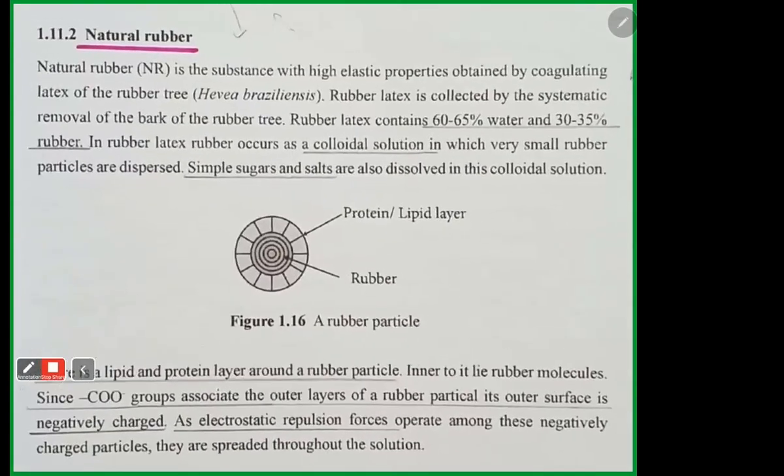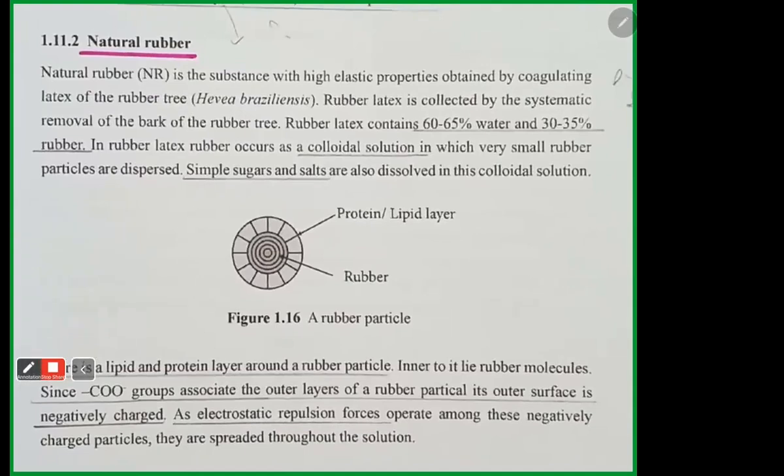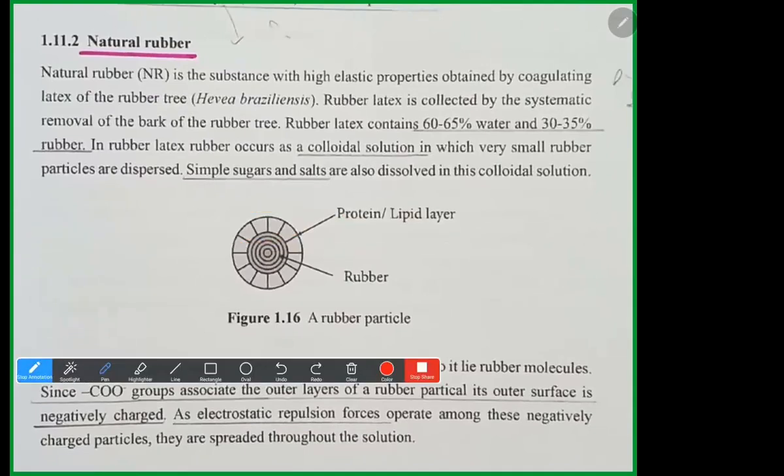Natural rubber is the substance with high elastic properties obtained from the latex of the rubber tree, Hevea brasiliensis. Rubber latex is collected by the systematic removal of the bark of the rubber tree.